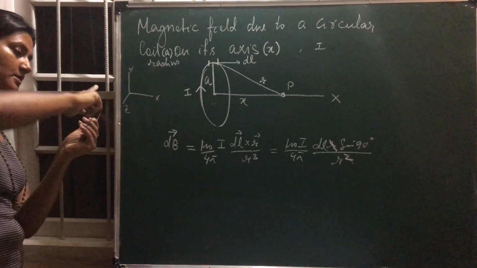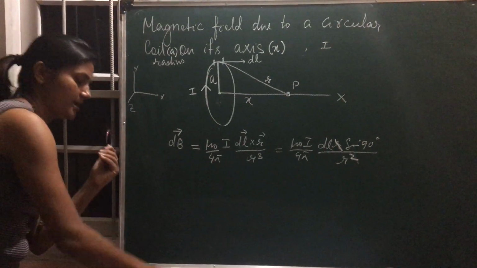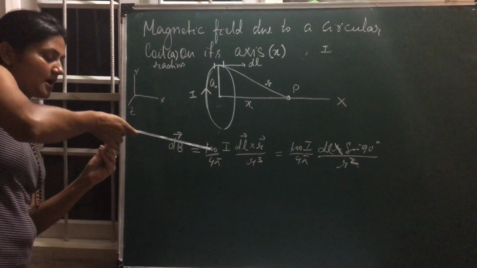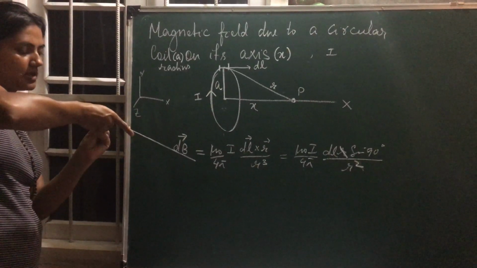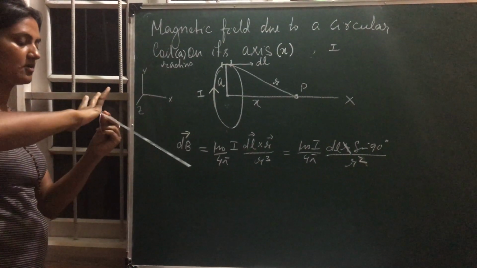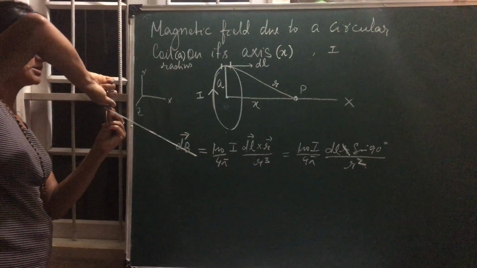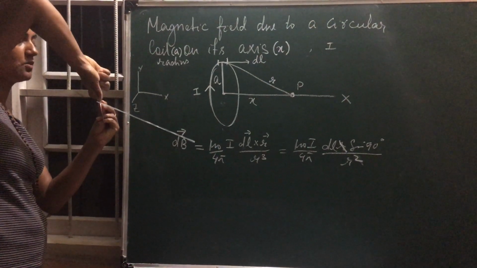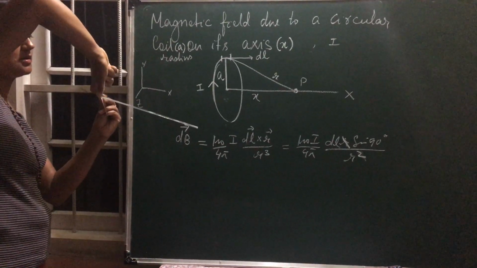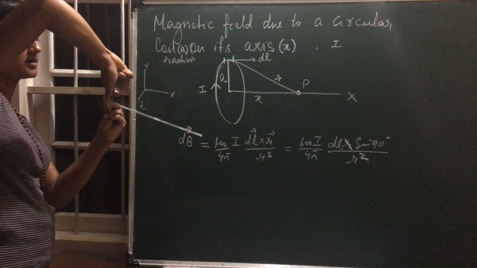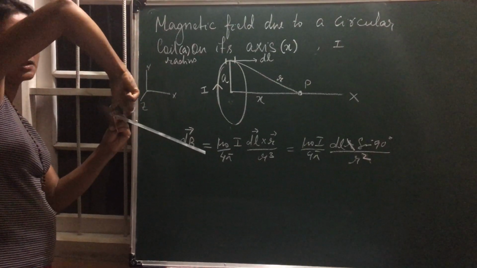Now see, this is the direction of dL and this is the direction of R. R is not straight, it's something like this, right? Make the rotation from dL to R. Does it go straight? No, R is like this. It goes this way.